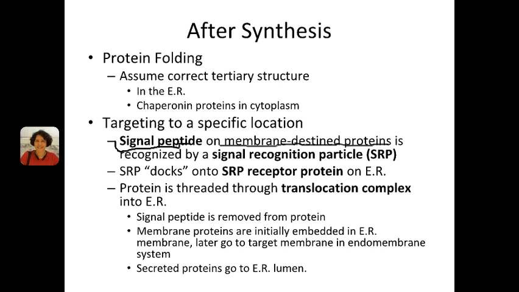So a certain series of amino acids that are part of the polypeptide, and that signal peptide will be recognized by a signal recognition particle that is going to guide the whole assembly to a signal recognition particle receptor protein on the endoplasmic reticulum. And we'll see how that comes together in the next slide.